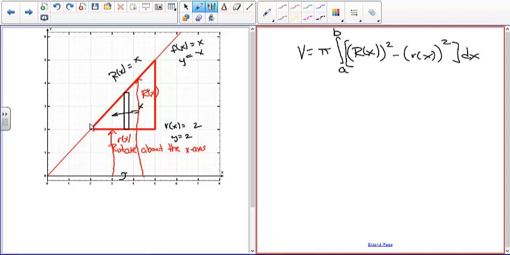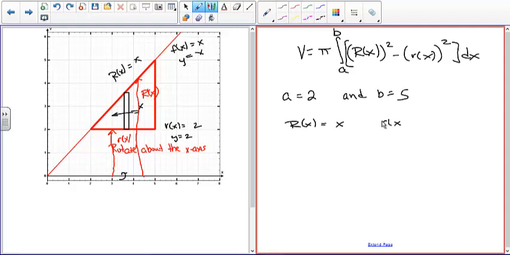You can see that it goes from x equals 2, if I go down here, to x equals 5. So I can put those in. I'll just write them out first. A equals 2 and B equals 5, from this point and this line. Now the function that defines the outside radius is this curve, which as a function of x is just y equals x, so capital R of x is equal to x.